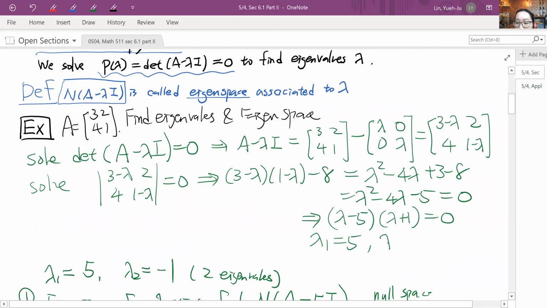We know that we have 2 roots, which means we have 2 eigenvalues. As I mentioned last time, if you want to solve this polynomial equals 0 and after say 20 seconds you really can't see how to factorize it, just directly use the quadratic formula.